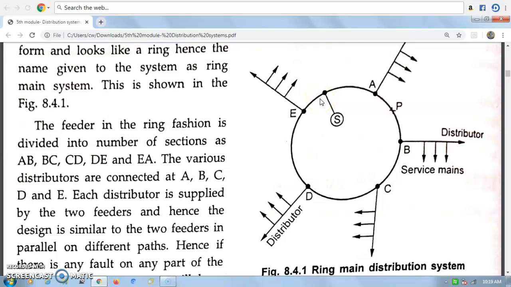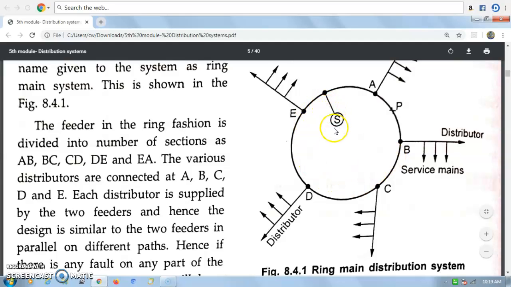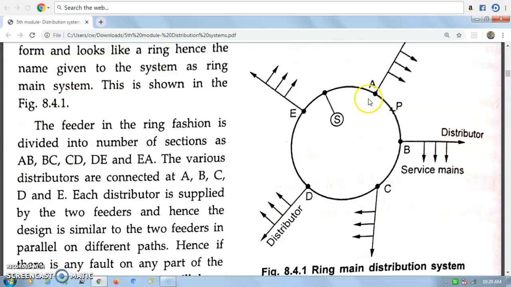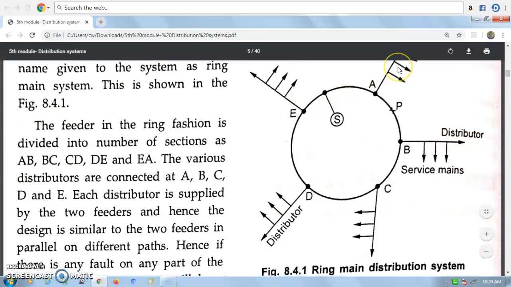The feeder is in a closed loop form and looks like a ring, hence we call it a ring main distribution system. The feeder in the ring fashion is divided into a number of sections: AB section, BC section, CD section, DE section and EA section.